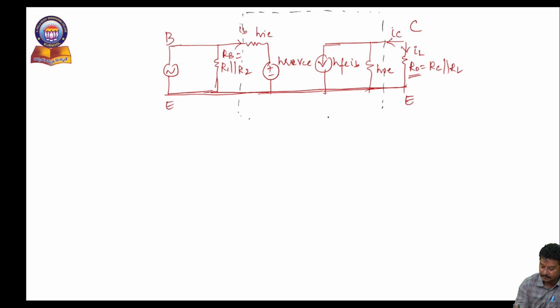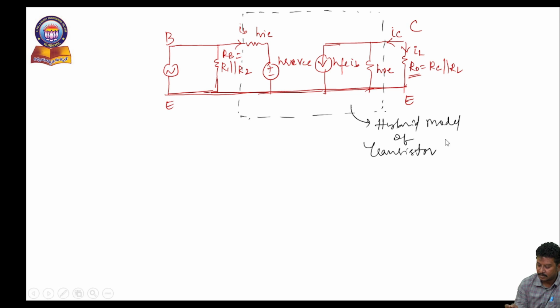This part will explain the hybrid model of a transistor, where I am trying to frame this model by using 4 parameters: HIE, HRE, HFE, and HOE.